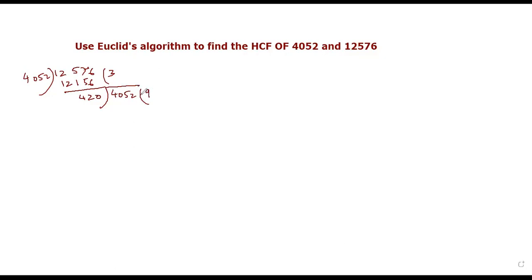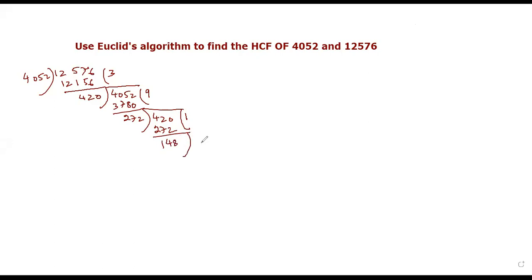It will go 9 times. So 3,780. So the remainder will be 272. Okay. Now you will write 420 divided by 272. So it will go 1 time. So 148 will be the remainder.